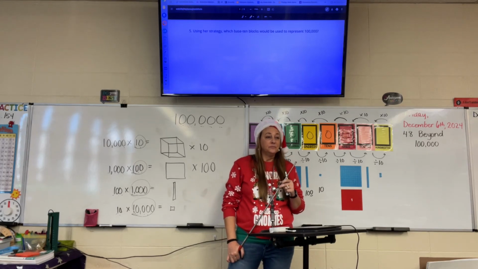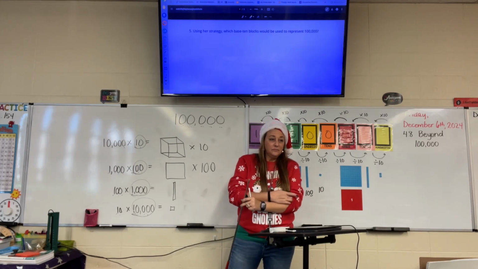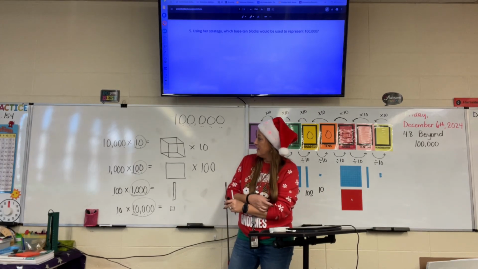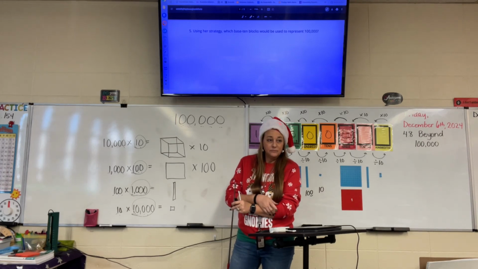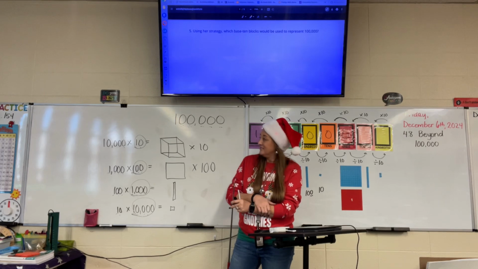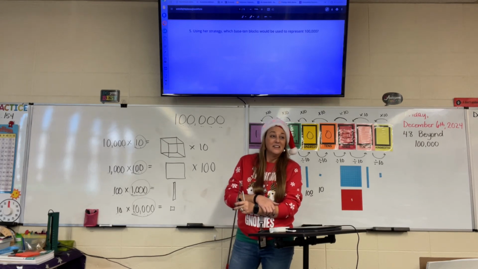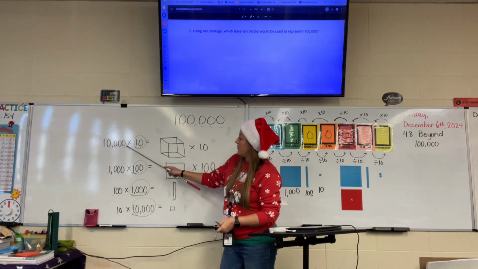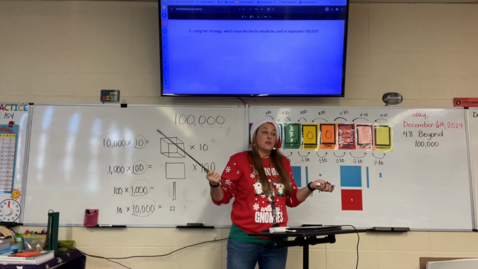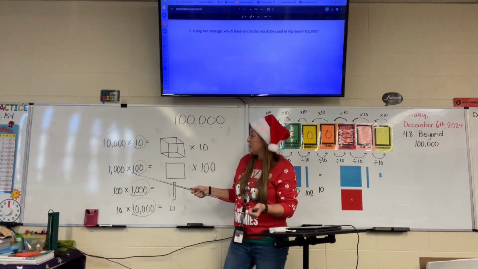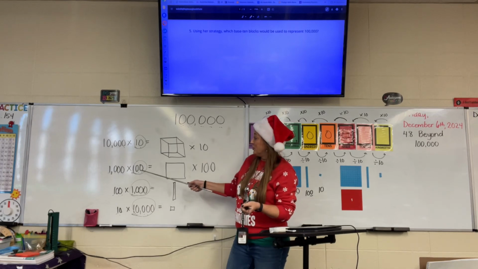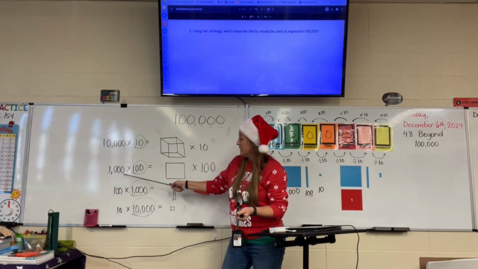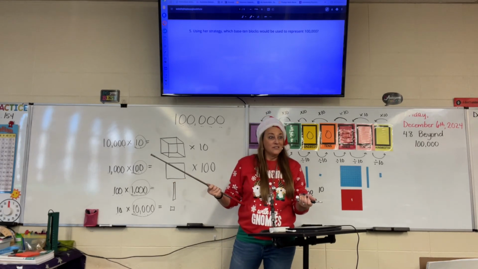Fisher? I noticed that on the 10,000 times 10, you can take the 0 from 10 and put it in the 10,000 and it'll be 100,000 times 1. Exactly. You can move that 0 over and then it just becomes 100,000 times 1. You can actually do that with all of them, Fisher. You can stick these zeros over here and then it becomes 100,000 times 1.